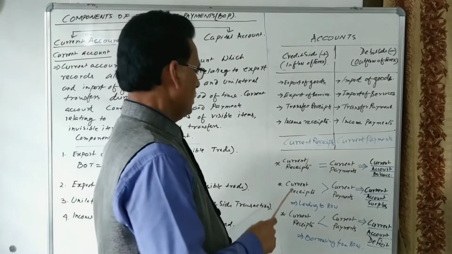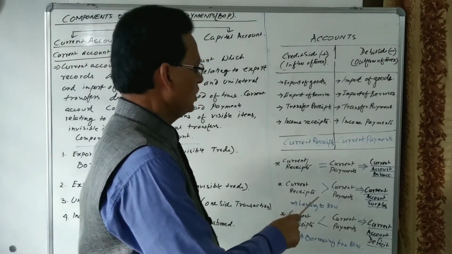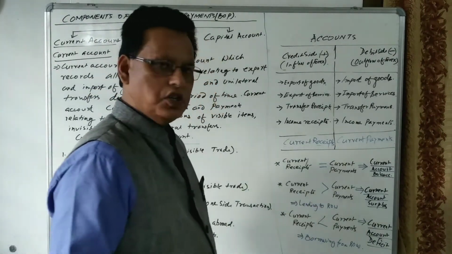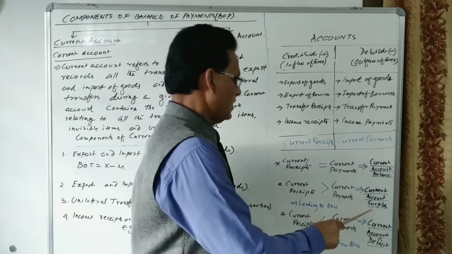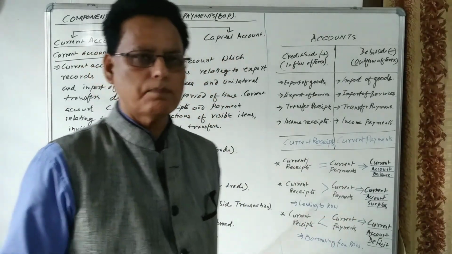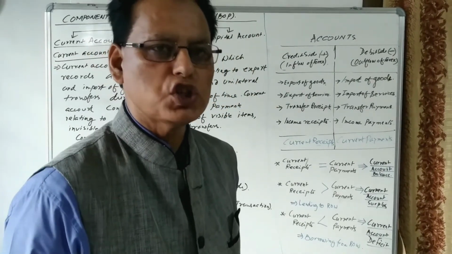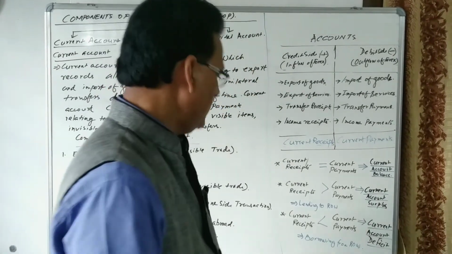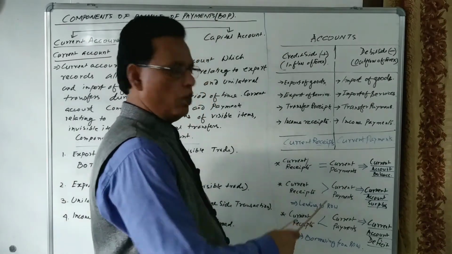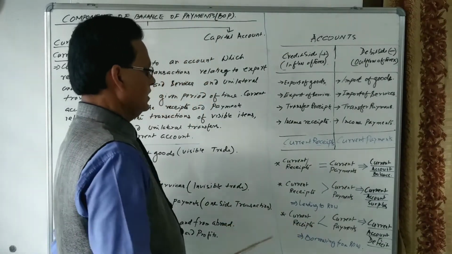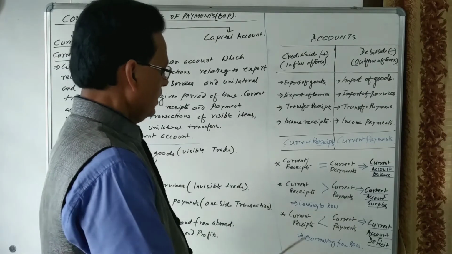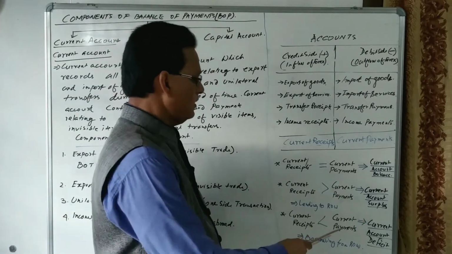So if current receipts are more than current payments, the country will have a current account surplus, and the country will be in a position to lend to the rest of the world. Now the other case: current receipts are less than current payments.